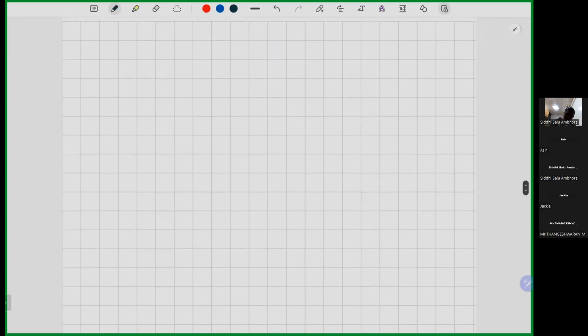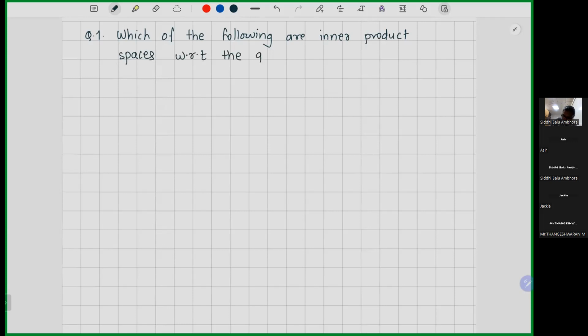So my first question is, which of the following are inner product spaces with respect to the given inner product on V cross V?